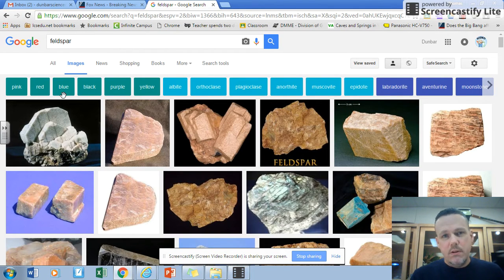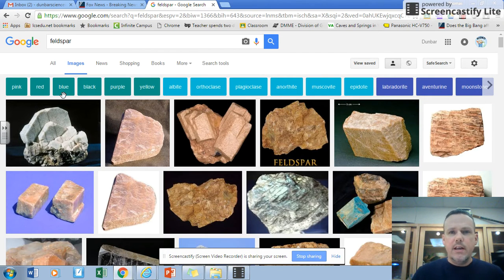But it's not a rock; it's a mineral because it meets the criteria for a mineral. And the criteria for a mineral are those five components that we talked about a lot in class: naturally occurring, inorganic, solid, crystalline structure, and a definite chemical composition. Those are the five criteria for a mineral, and feldspar meets that.